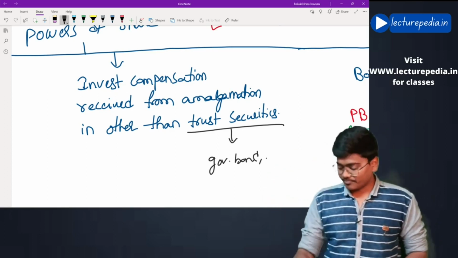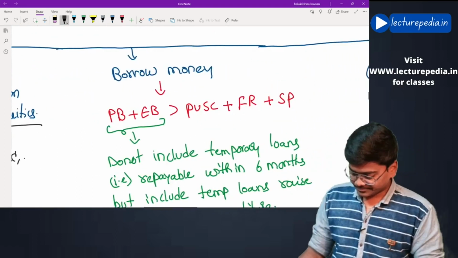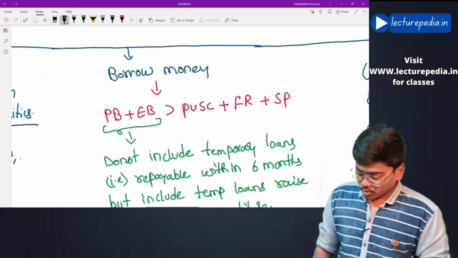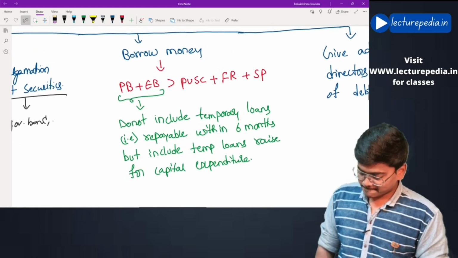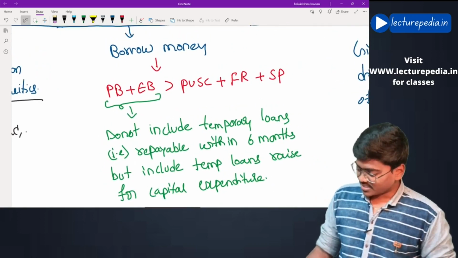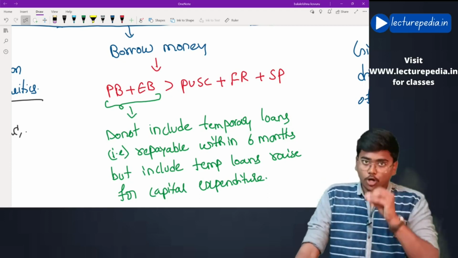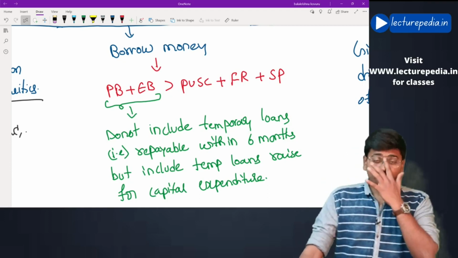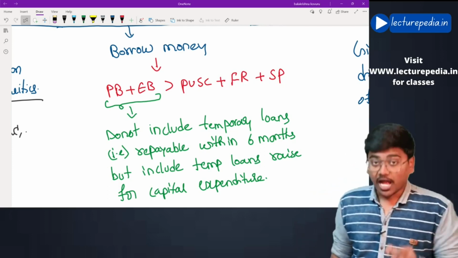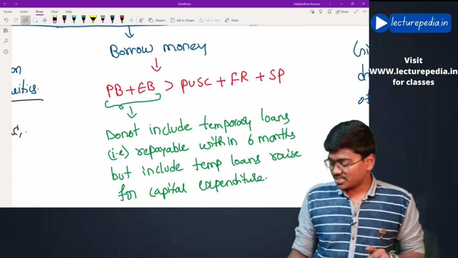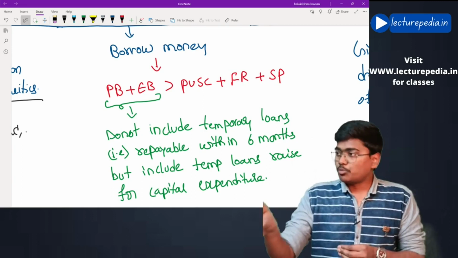Hope that is clear. Next, borrowal of money. If the board of directors wants to borrow money, provided that such borrowing along with the existing borrowings. See, now the company wants to borrow some money.